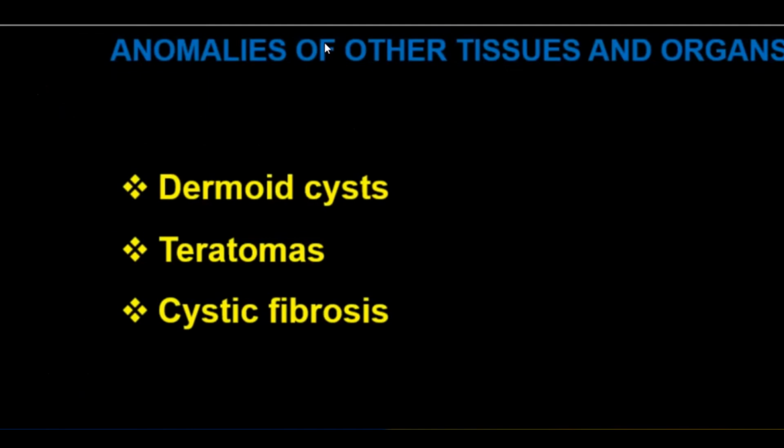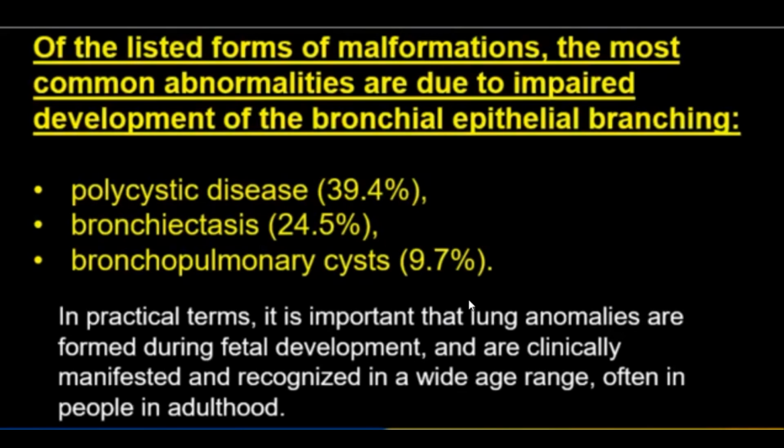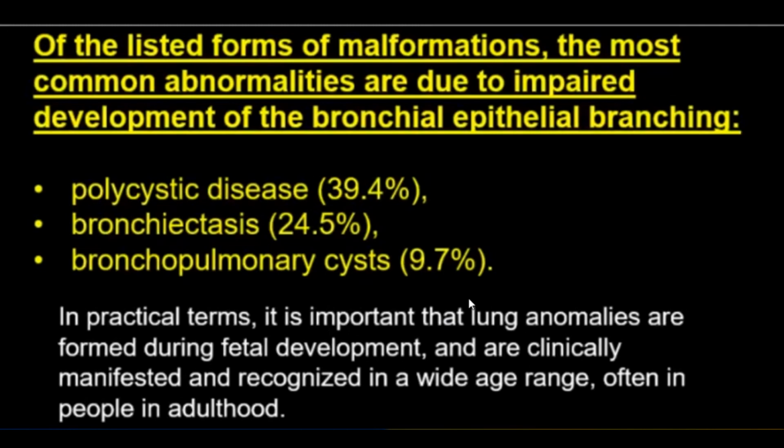Anomalies of other tissues and organs are dermoid cyst, teratomas, and cystic fibrosis. Of the listed forms of malformations, the most common abnormalities are due to impaired development of the bronchial epithelial branching.